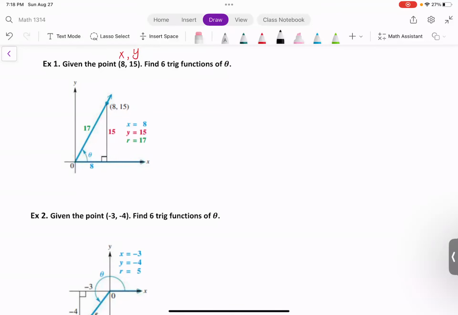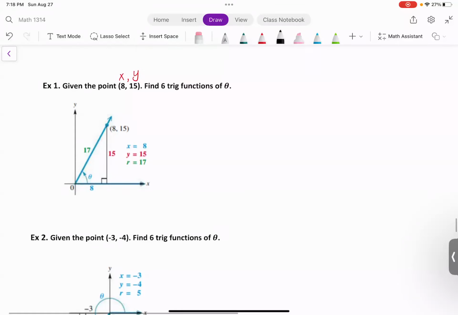So to find the 6 trig functions, we must know the values of x, y, and r. What is r? r is the distance from the point to 0, and it has the formula r equals the square root of x squared plus y squared. x and y are given: 8 squared plus 15 squared.